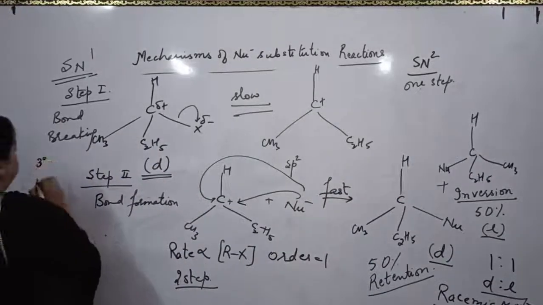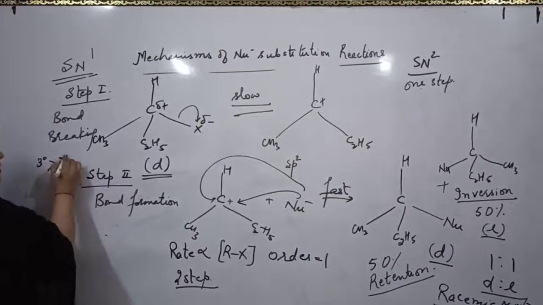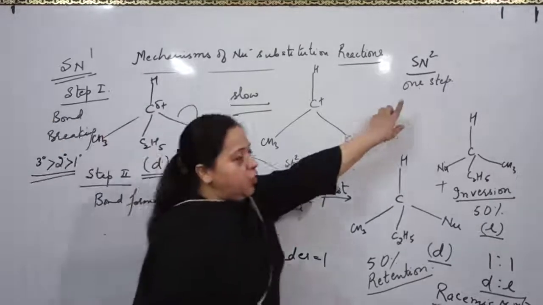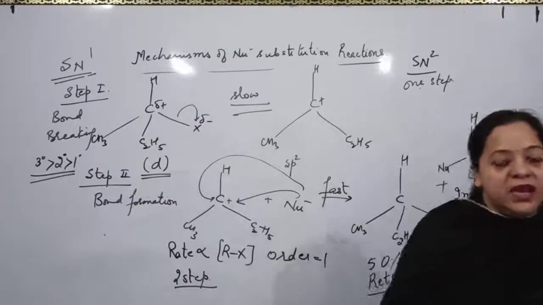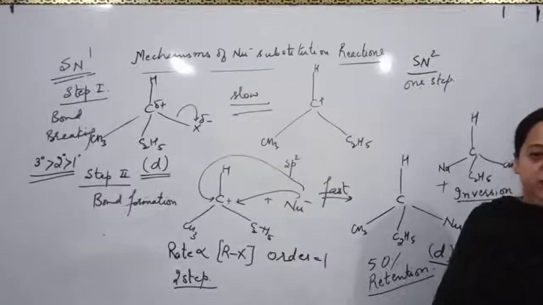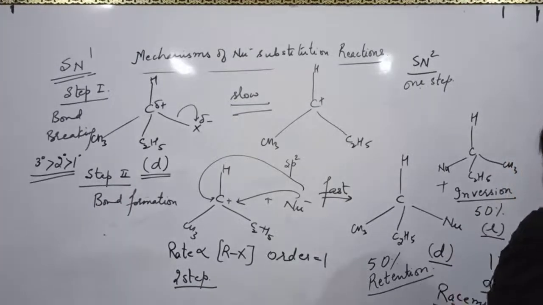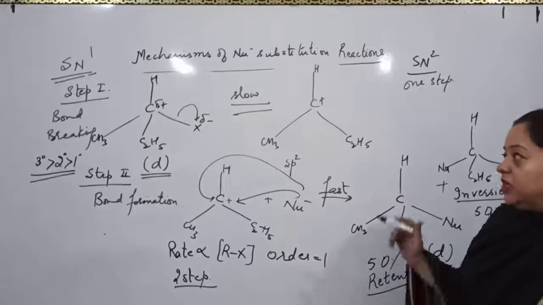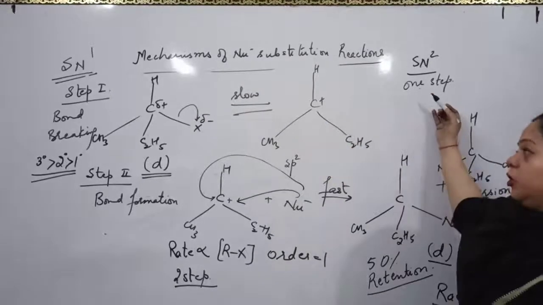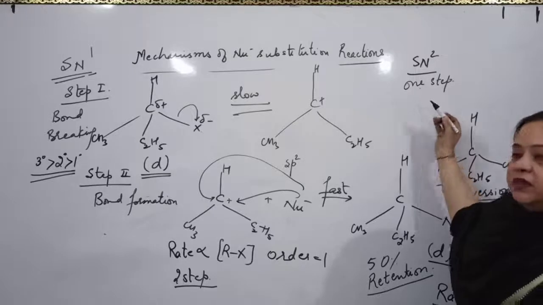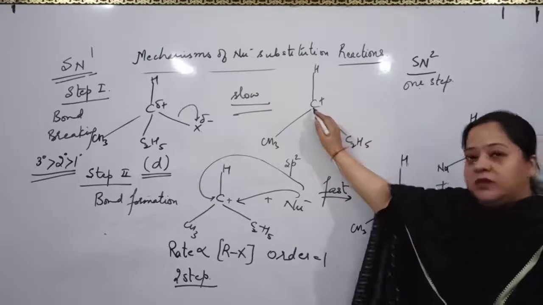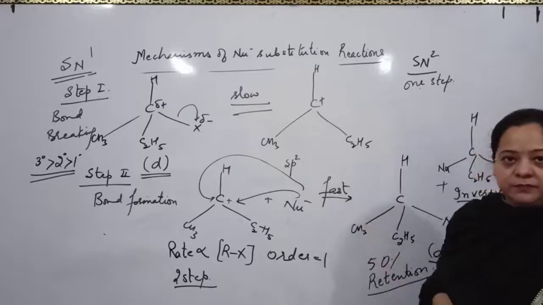So, tertiary group is most reactive, then secondary, then primary, whereas in this case the order of reactivity is reversed. As the bulkiness of the groups increases, the reactivity decreases. And alkyl halides can react either through SN1 mechanism or through SN2 mechanism depending upon the bulkiness of the R group which is attached to the alpha carbon atom.